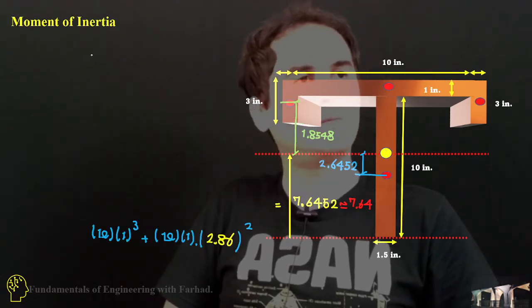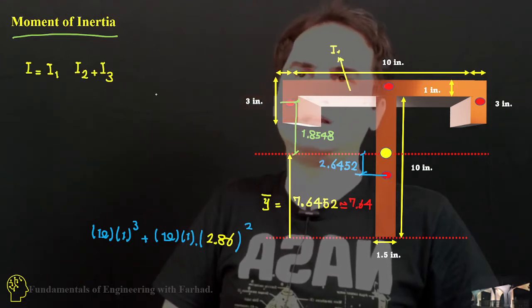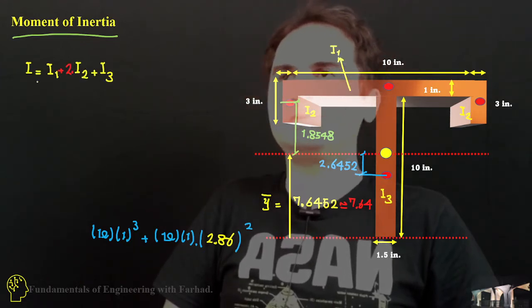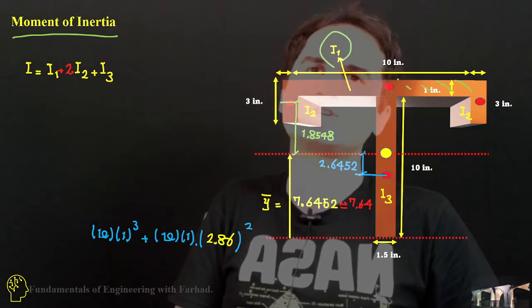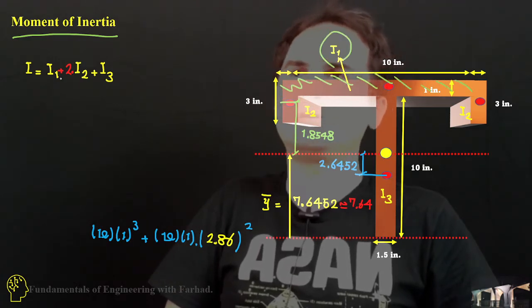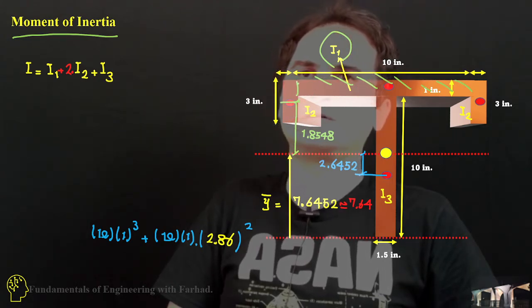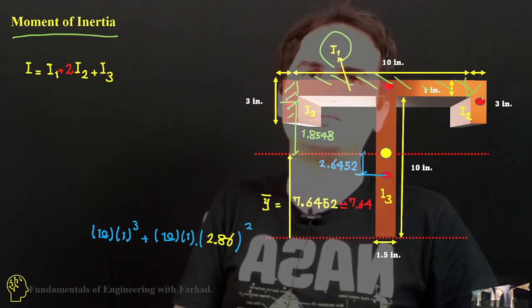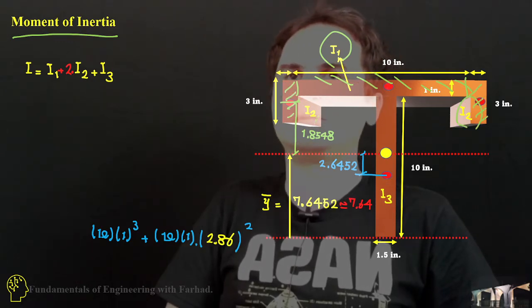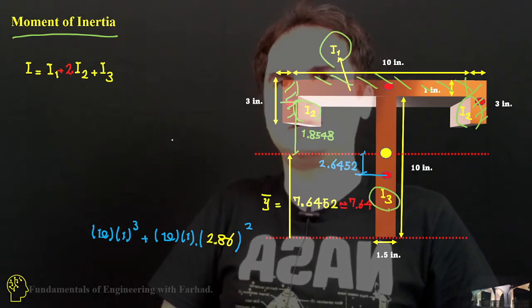So the other component of this problem is the moment of inertia calculation. If we call the top flange I1, then the two extra parts are I2, two of these I2, plus the web, which we call I3.